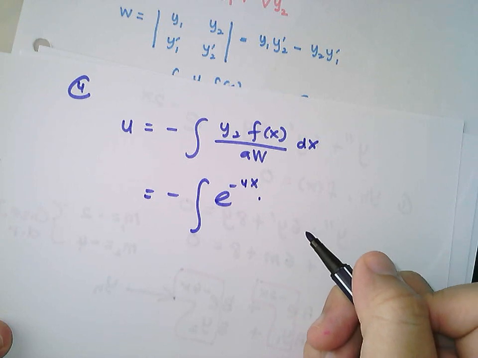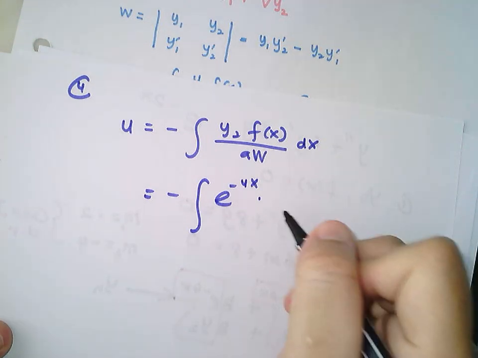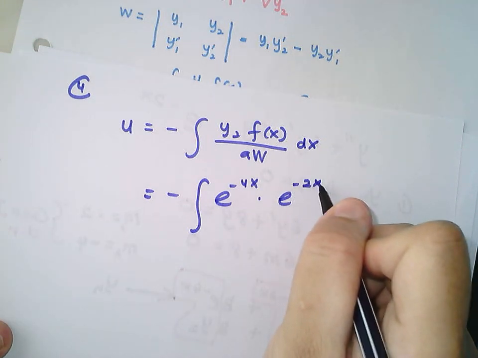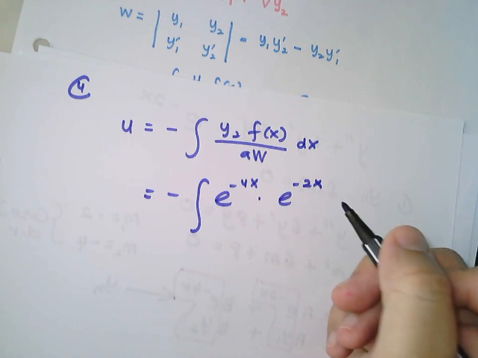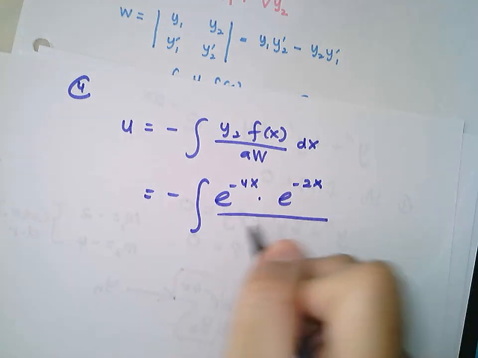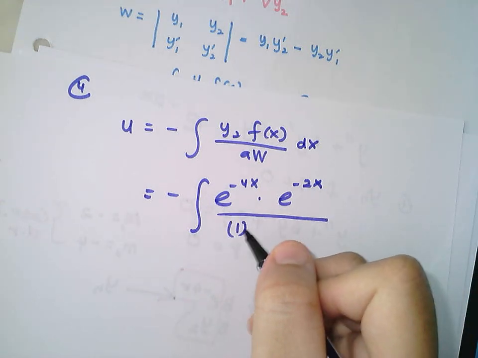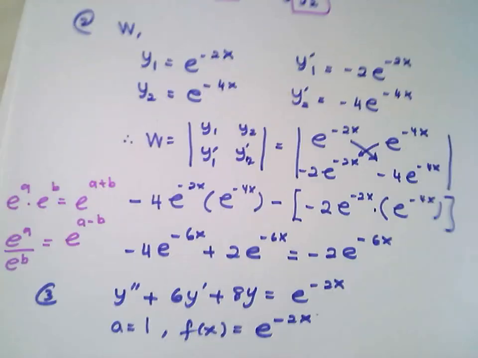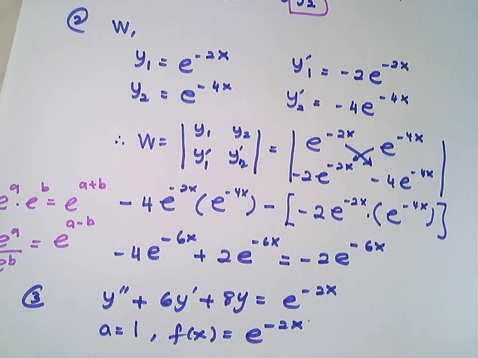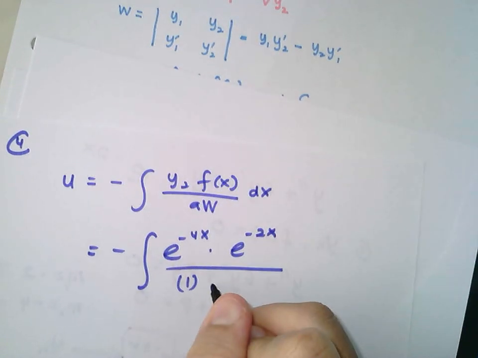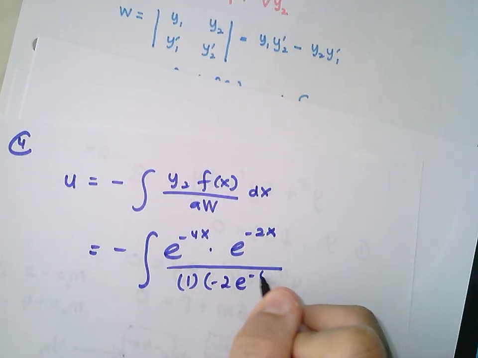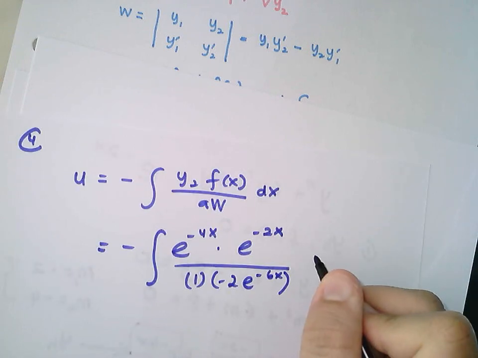Your f(x) is equal to exponent negative 2x. Your a is equal to 1 and your W is what you calculated in the previous step, which is negative 2 exponent negative 6x, dx.